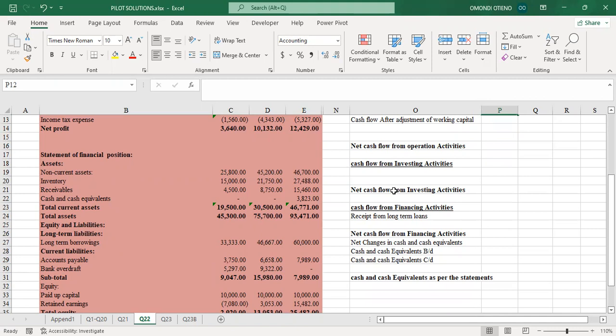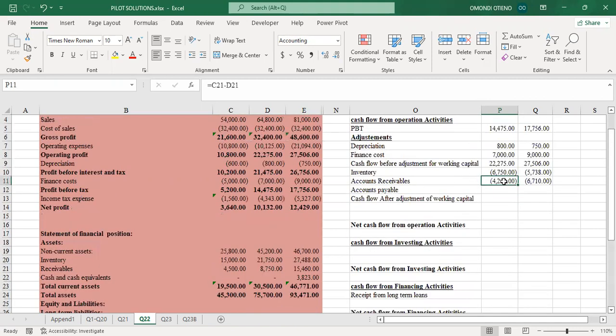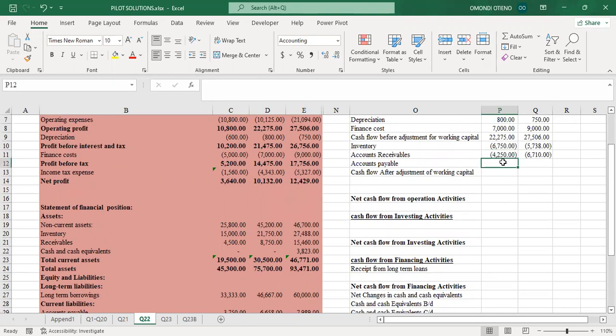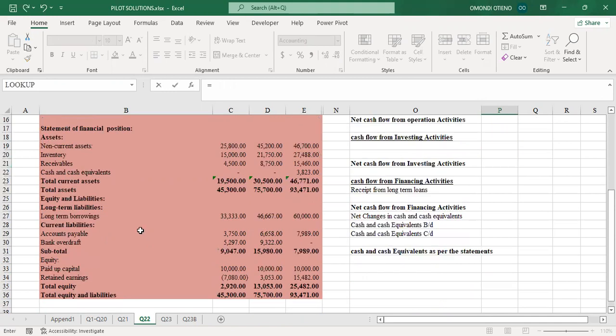So we now come to accounts payable and do the reverse of what we did here. Instead of taking what we had in the previous year minus the current year, we now take what we have in the current year minus what was there in the previous year.